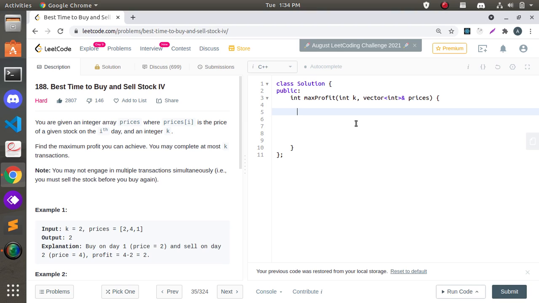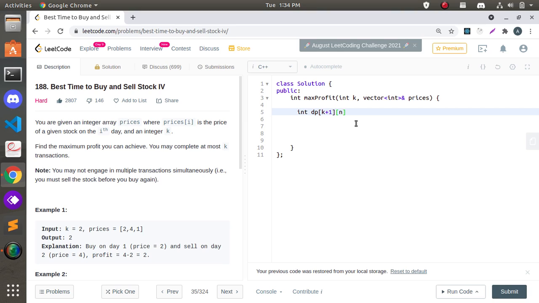First we will create a DP table. In the DP table we have k number of transactions, and n is the size of the prices.